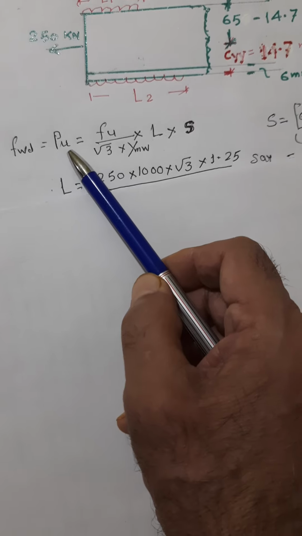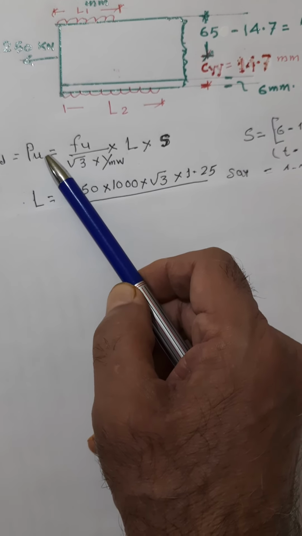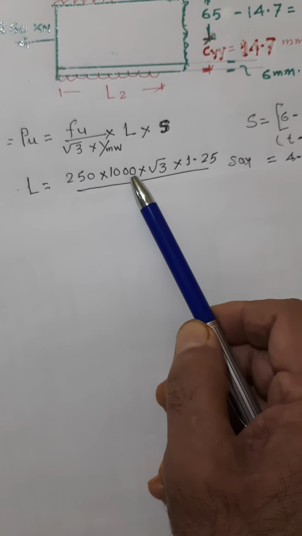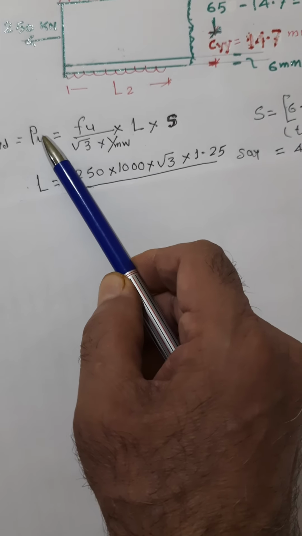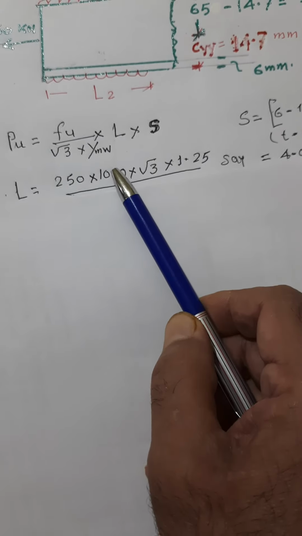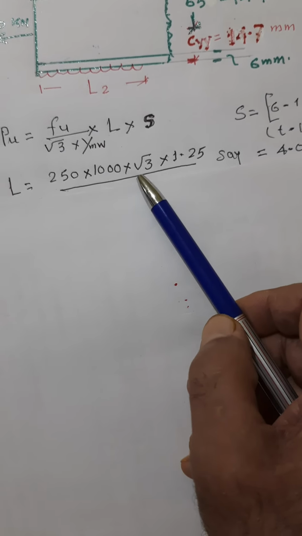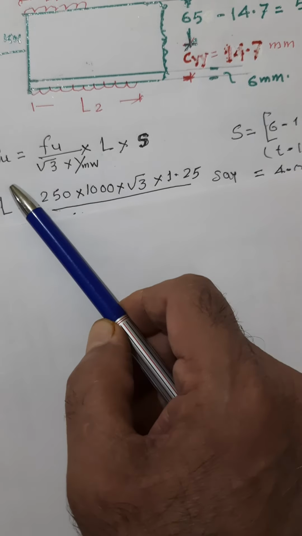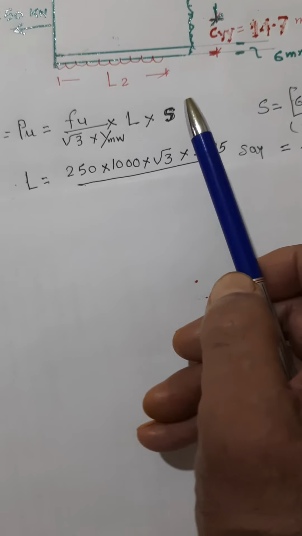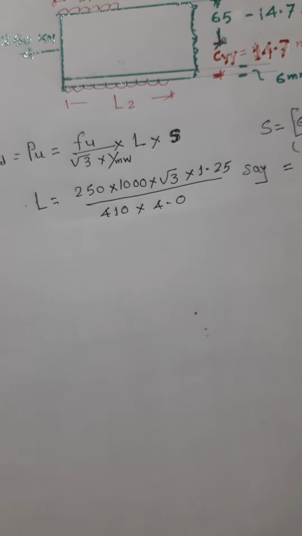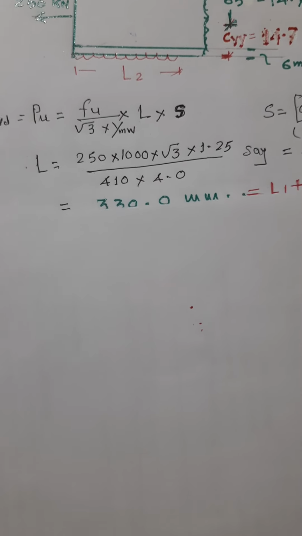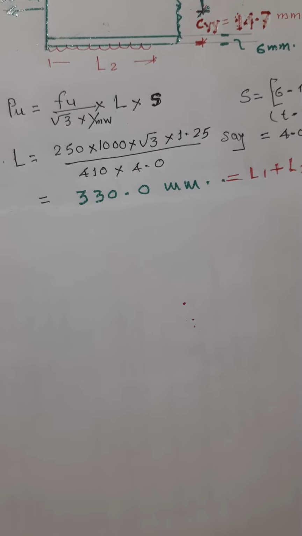So first convert kilonewton to Newton by multiplying by 1000. So it is 250 into 1000 multiplied by root 3 into 1.25, divided by Fu, that is 410, and S is 4. You can find the total length required for the welding, and it comes out to be 330 mm.